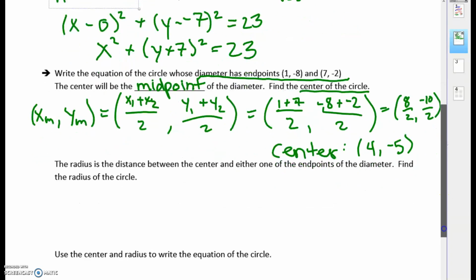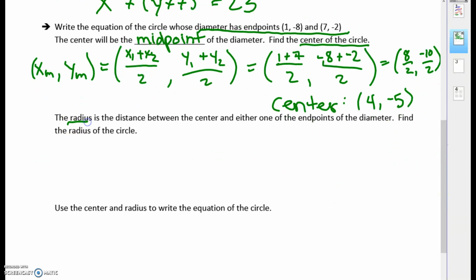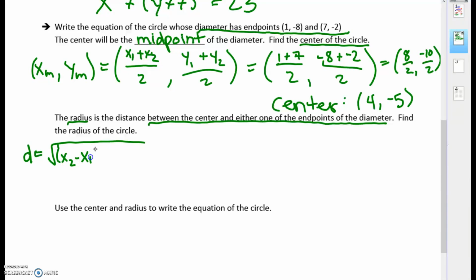And now if I want to find the radius, it is the distance between the center and either one of the endpoints of the diameter. So I'm going to use my distance formula here. D equals the square root of x2 minus x1 squared plus y2 minus y1 squared.